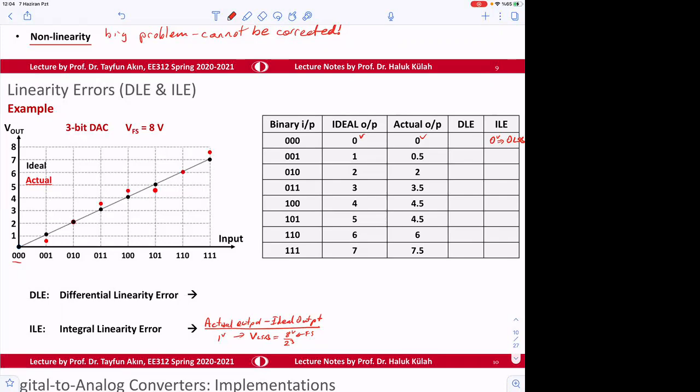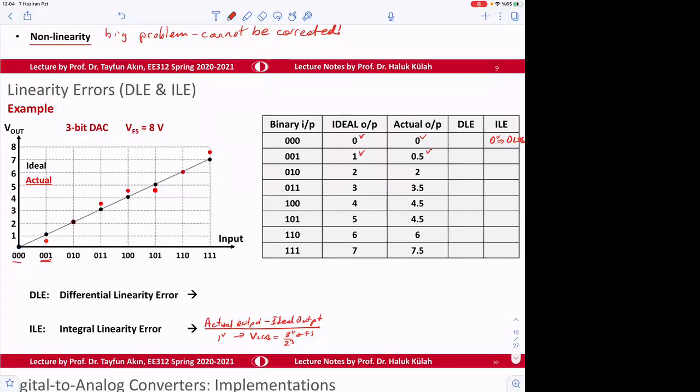Now, the next bit, which is going to be 001, let's say it comes out as 0.5 volts. Ideally, we expect this to be 1 volt, but it comes out to be 0.5 volt.